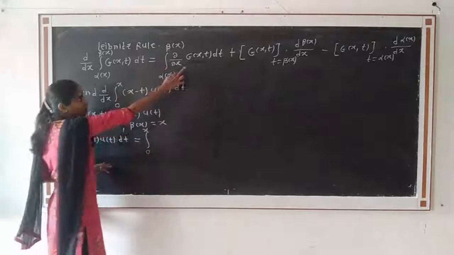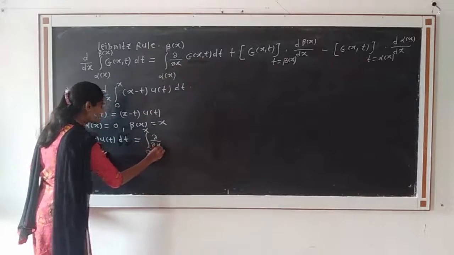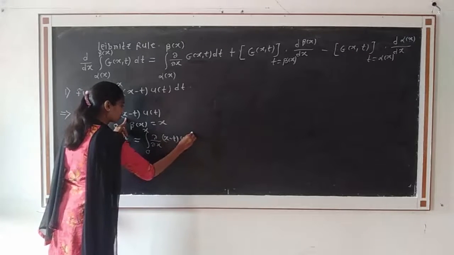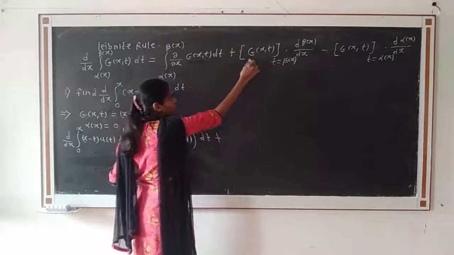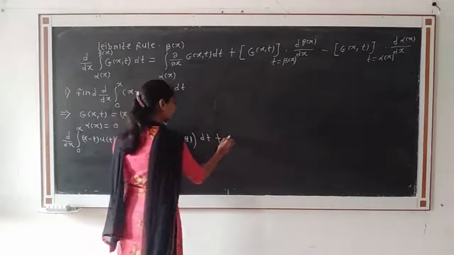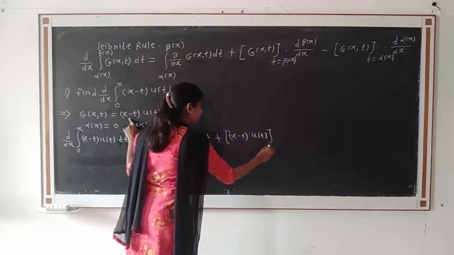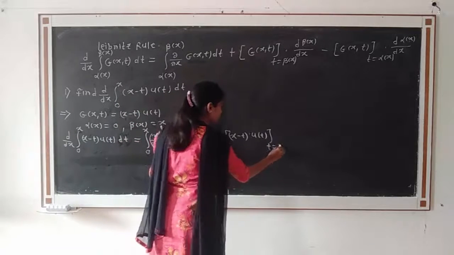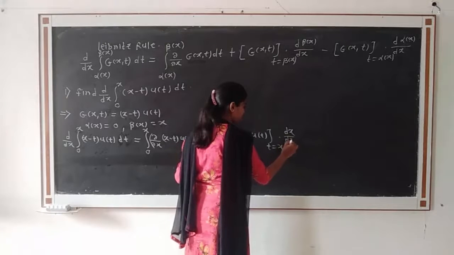Using this Leibniz rule, first we partially differentiate the given g of x,t function with respect to x, that is the partial derivative of g of x,t, which will be (x minus t) into u of t, into dt, plus we put t equal to the upper limit, that is in bracket we write (x minus t) into u of t at t equal to the upper limit, which is beta of x, that is x, and take the derivative of this upper limit with respect to x, that is dx by dx.